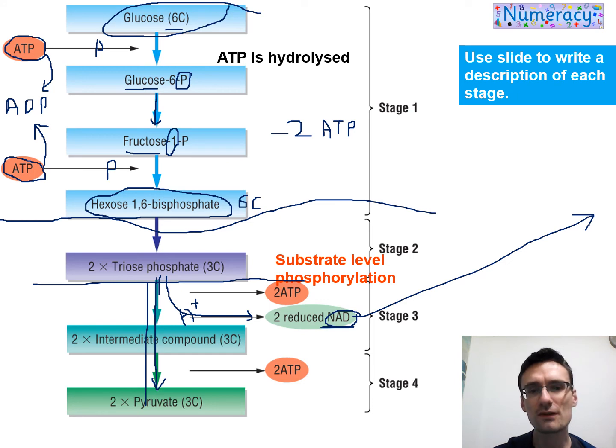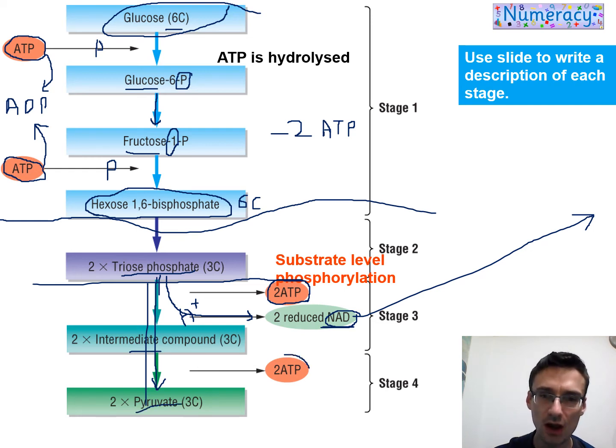Then what else happens as it goes from triose phosphate down to the pyruvate is there are phosphate molecules released from the triose phosphate and from the intermediate compounds to form ATP, and this is called substrate level phosphorylation, because what is happening is you are making ATP as you go from one substrate to another substrate to another substrate. So substrate level phosphorylation is occurring.